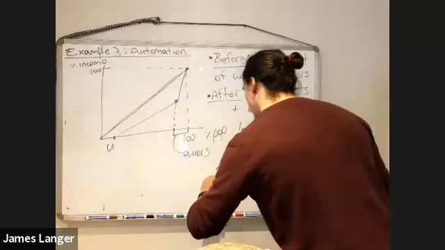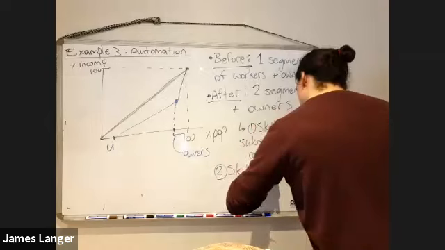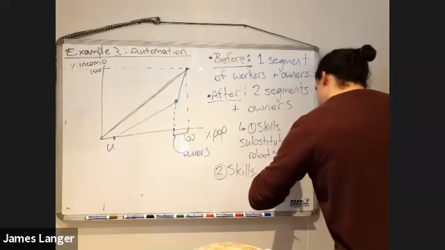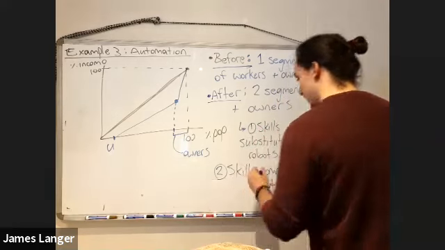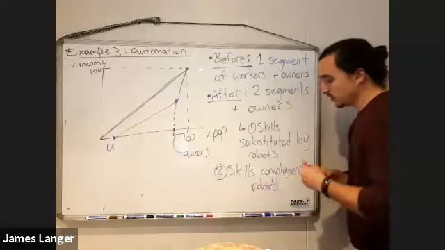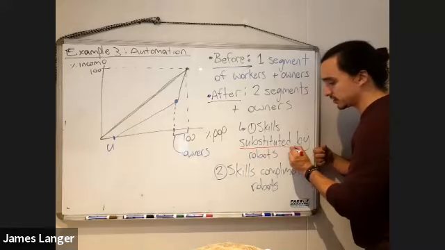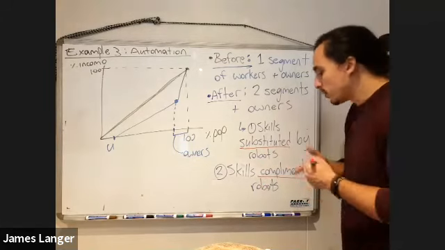And the second one is the people whose skills complement the robots. So the main thing to see here is you've got one where the skills have been substituted, and the other one that complements.